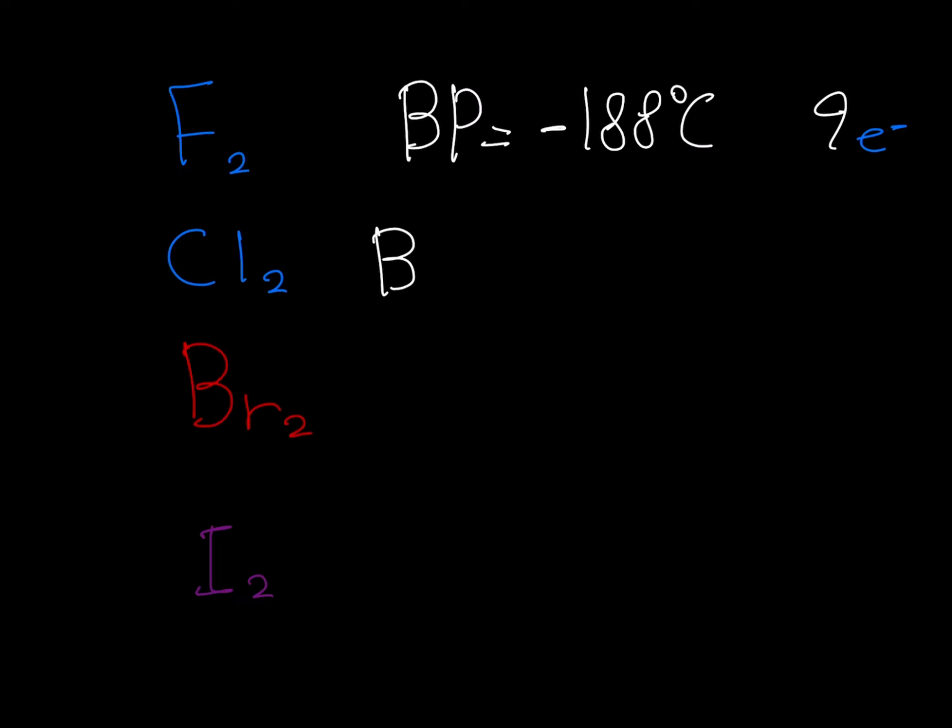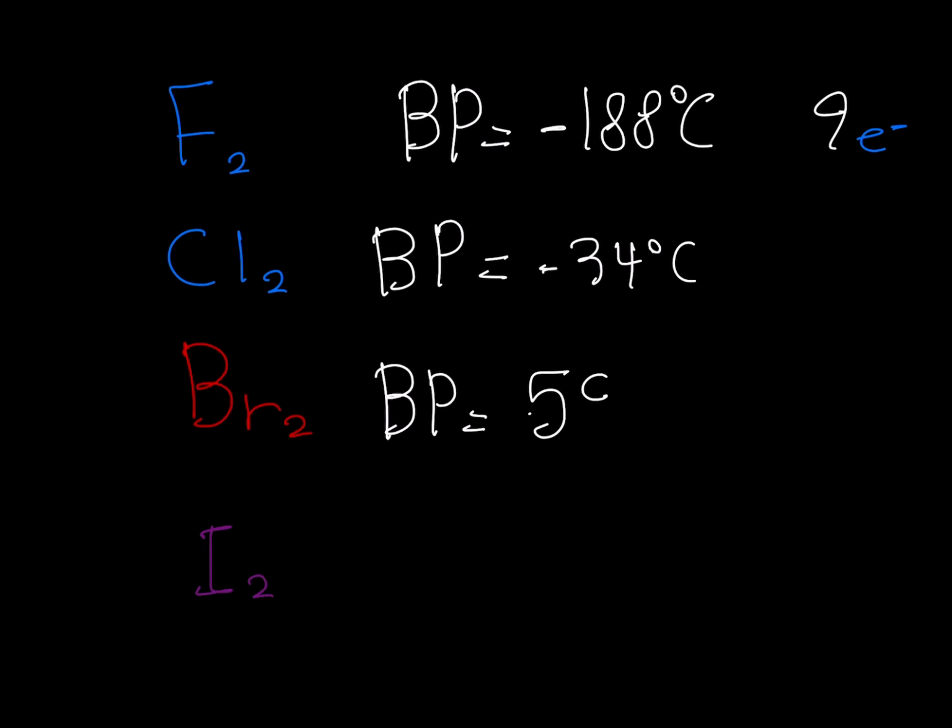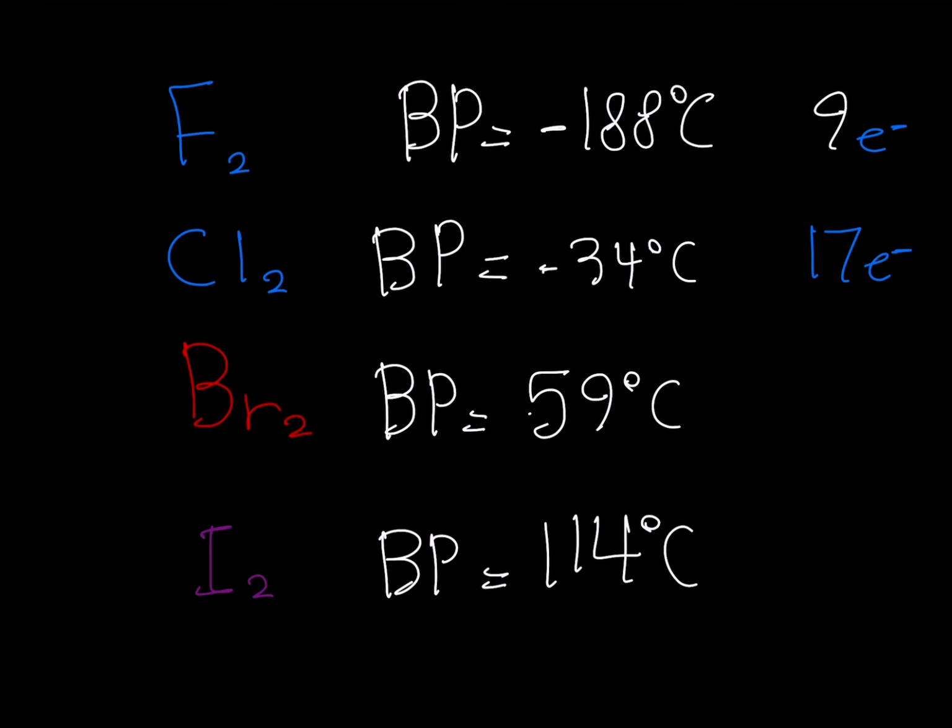The boiling point of chlorine is -34 Celsius. For bromine, it's 59. And for iodine, it's 114. Now, chlorine has 17 electrons. Bromine has 35. And iodine has 53. So you just add 8 electrons each step.